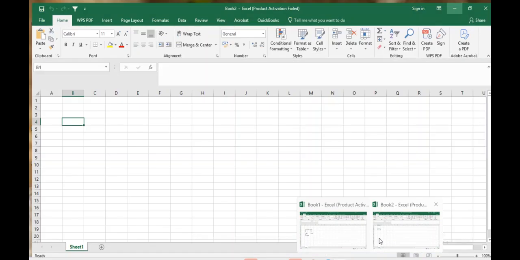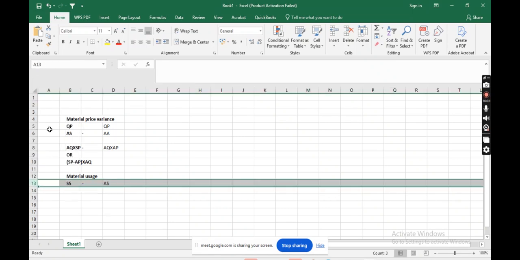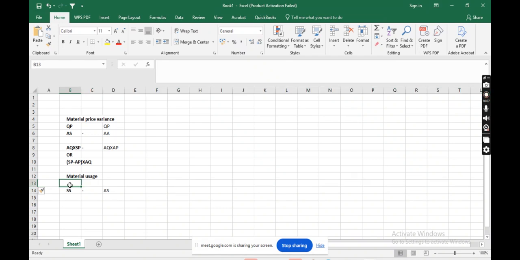So we can come to the Excel sheet and say material usage, SS minus AS, right? And don't forget, it is usage.